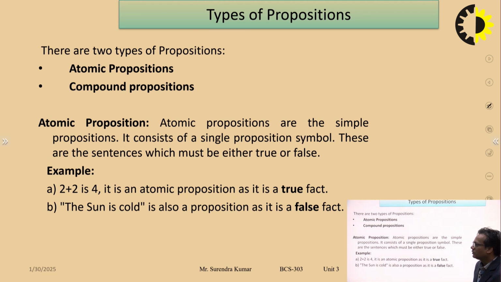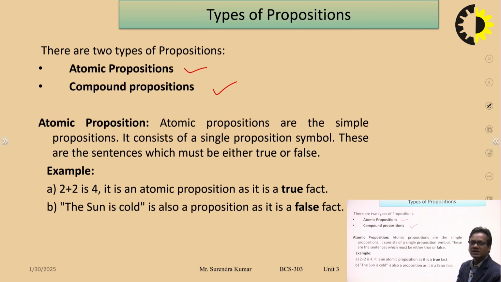If we talk about the types of propositions, there are basically two types of propositions in our study. First is atomic, and second is compound. As the word suggests, atomic means a single statement. A simple proposition is called an atomic proposition.